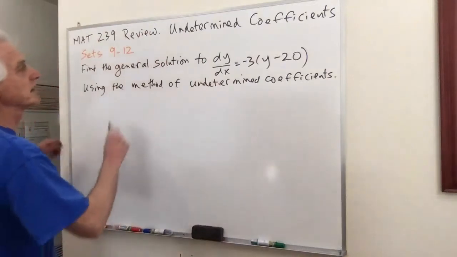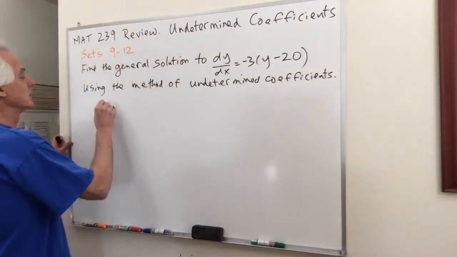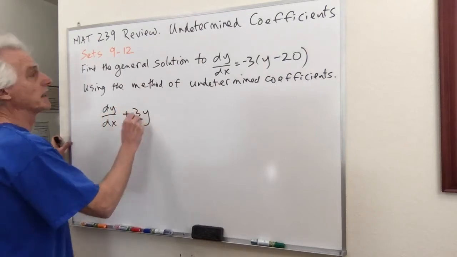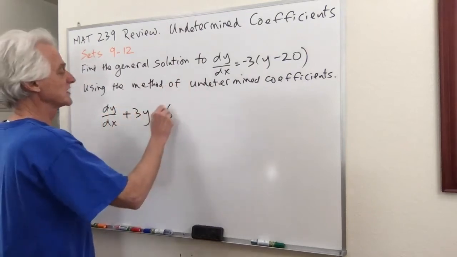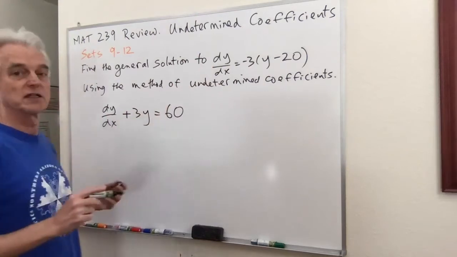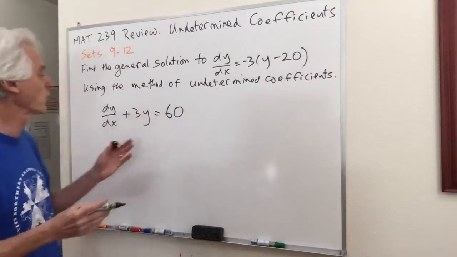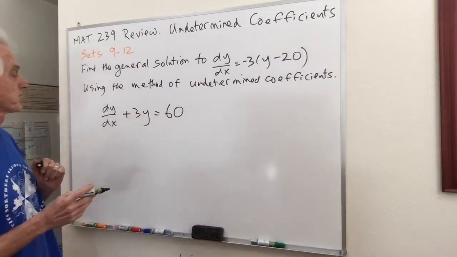So let's write it that way: dy/dx + 3y = 60, writing this as a linear ODE in standard form. Okay?